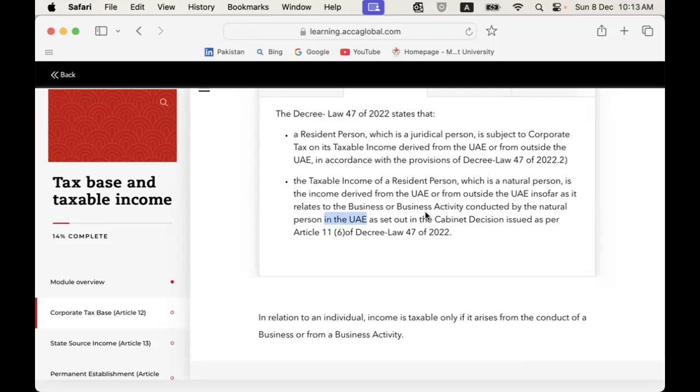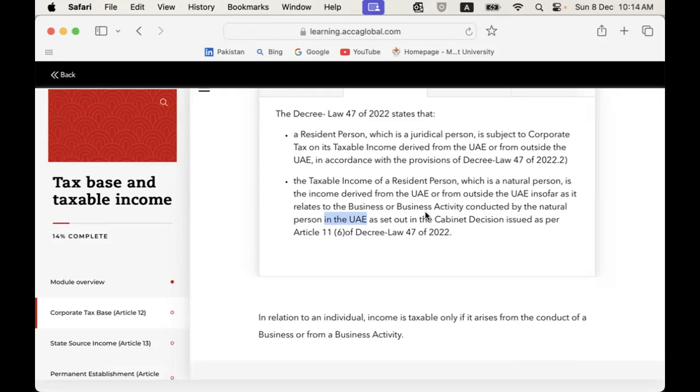But let's say that, while you are a natural person living in UAE, you acquired a business outside UAE, or you did some sort of an arrangement with another person sitting outside UAE in USA or China, which gave rise to a permanent establishment, a fixed place of business in the foreign country, then that income will not be taxable in UAE.